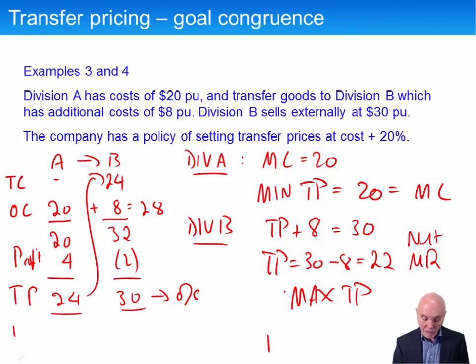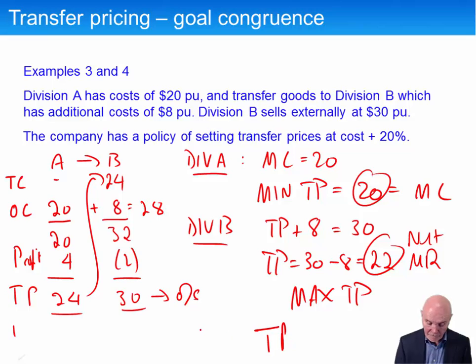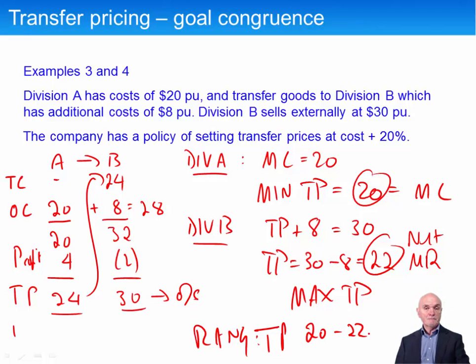So we've got in here a range of transfer prices that would operate. Successful transfer price, the range of transfer price is going to be 20 minimum to 22 maximum. Anything in there would work. I suppose you could argue maybe the fairest transfer price is to set it at 21, allowing each of the parties to get a slice of profit of 1 per unit.